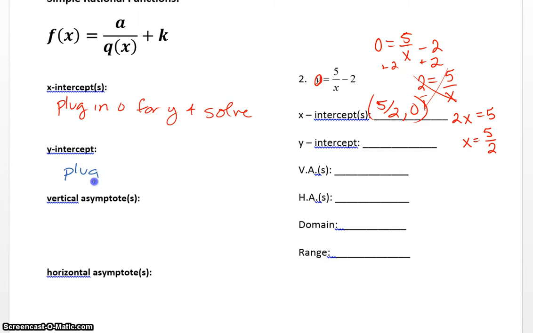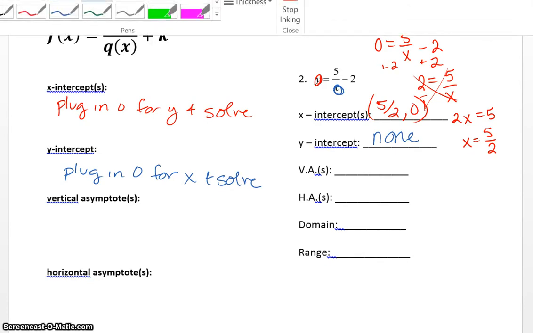So essentially we're letting this bottom part equal 0. We have 5 divided by 0. That's undefined, and therefore there aren't any y-intercepts, because x equals 0 is undefined, so it can't cross the y-axis anywhere.